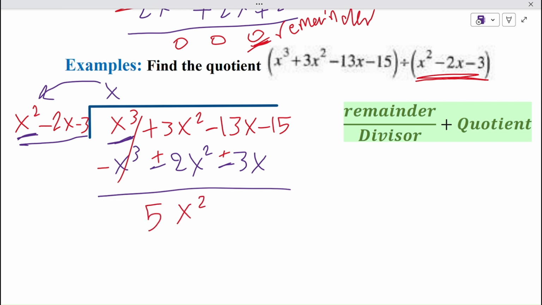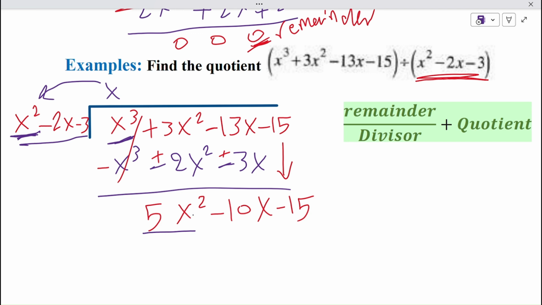Then minus 13x plus 3x is equal to minus 10x, and put down this minus 15. Again, divide the first term by the first term.